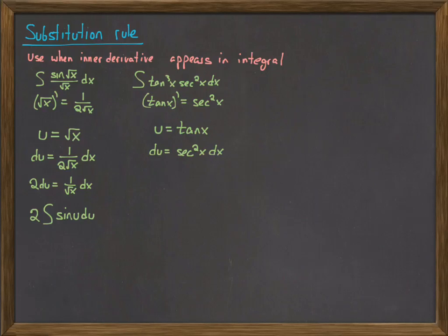We don't have a constant here to move to the other side, so our integral of tangent cubed secant squared just turns into the integral of u cubed du. And of course, when you have definite integrals with limits of integration, you need to change those to be in terms of u as well.